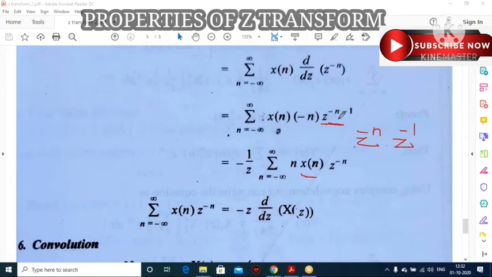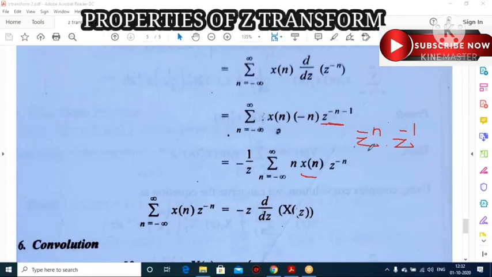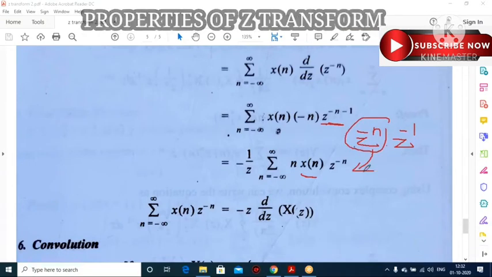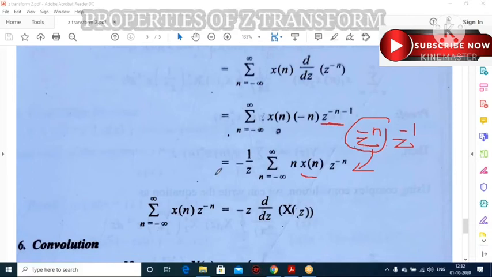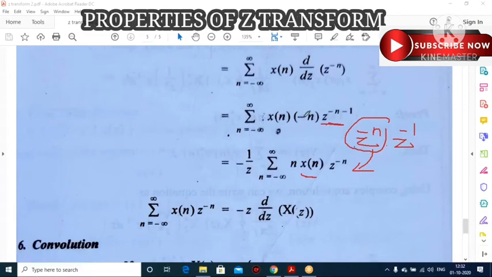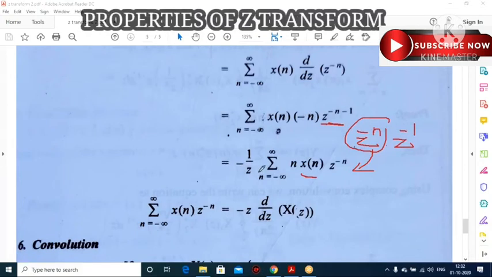So the two exponent terms are here, in the z transform. From this, I keep this z power minus n inside the summation, because our definition needs z power minus n here, isn't it? So I bring out this z inverse outside of the summation. Already I keep minus 1 value here, so minus into z inverse here.